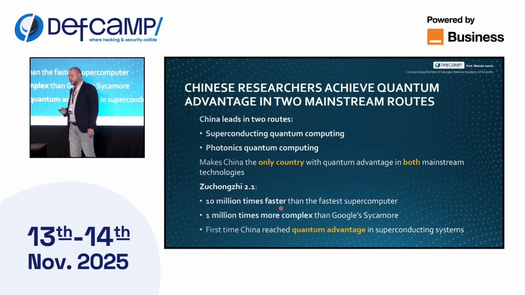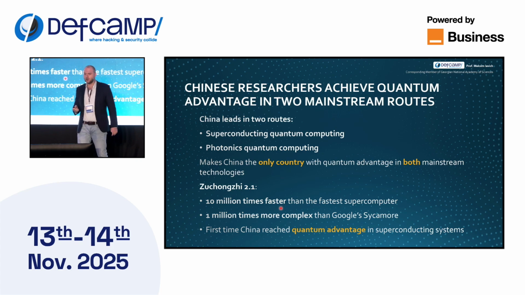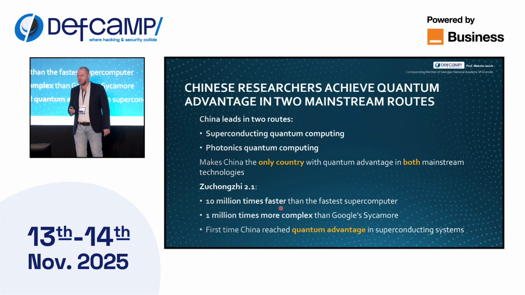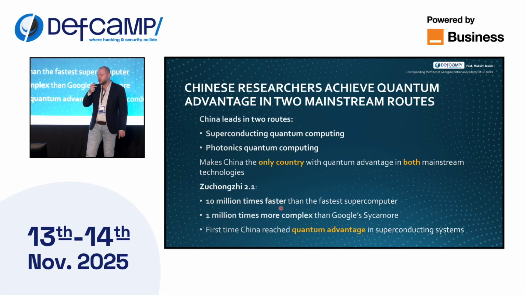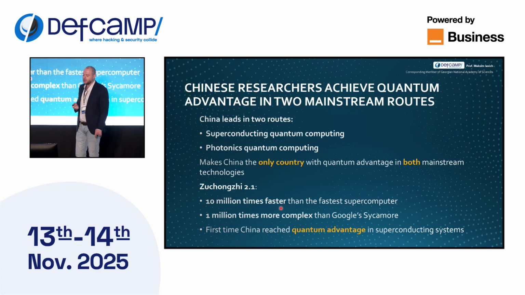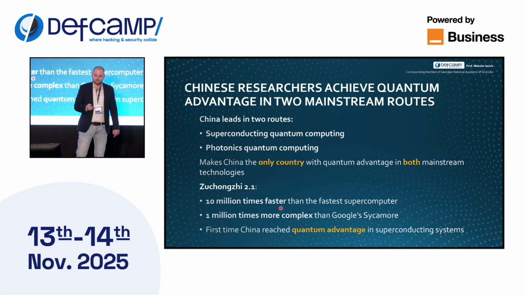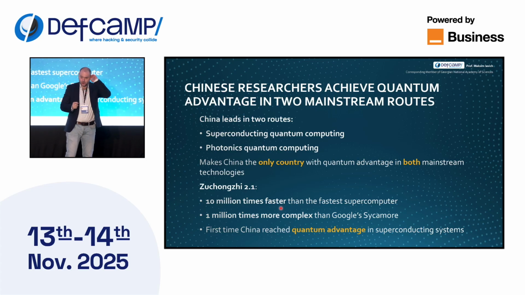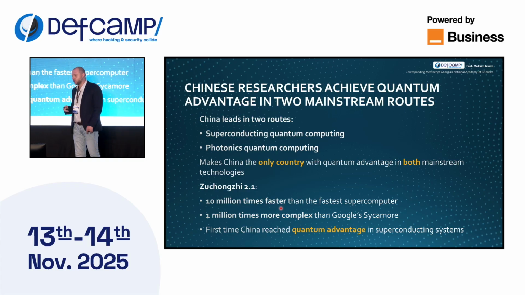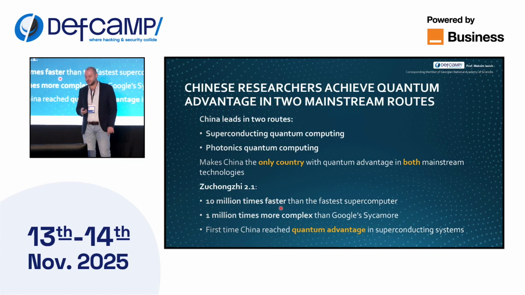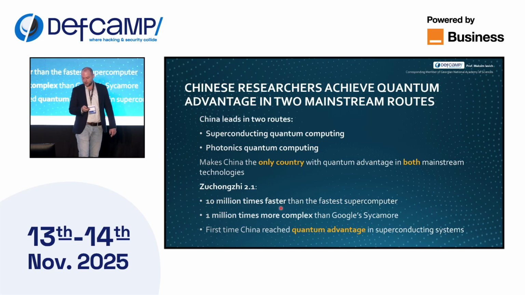Okay, very soon after this, we got news from our Chinese colleagues. They achieved quantum supremacy in two directions. First of all, in superconducting and in photonic quantum computing. So it made China the only country which got quantum supremacy in both mainstream technologies.